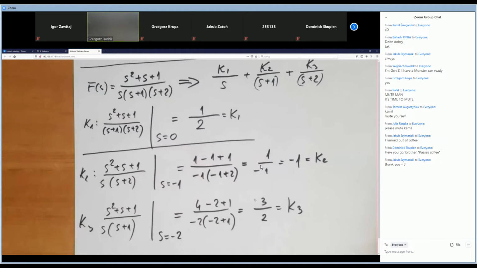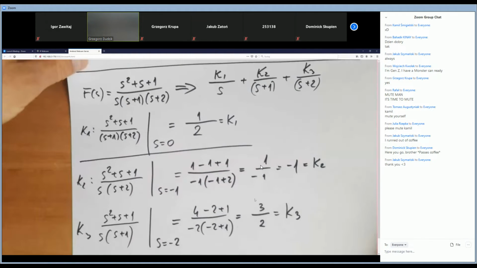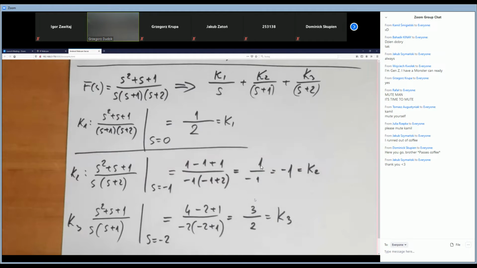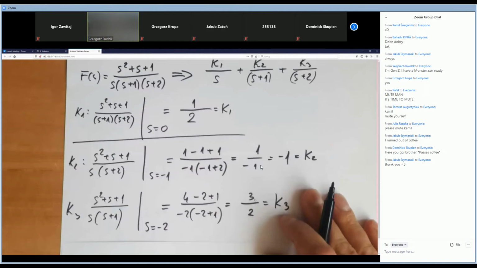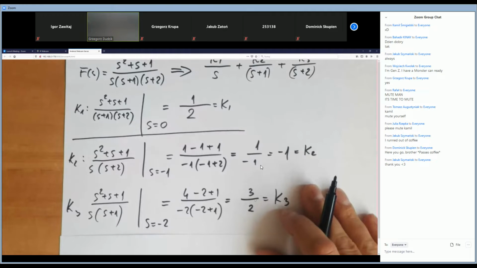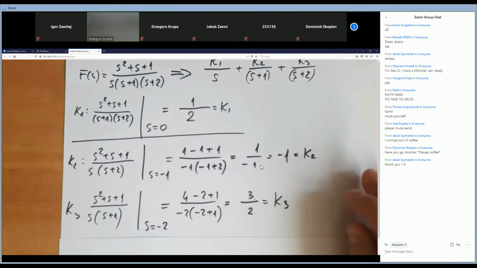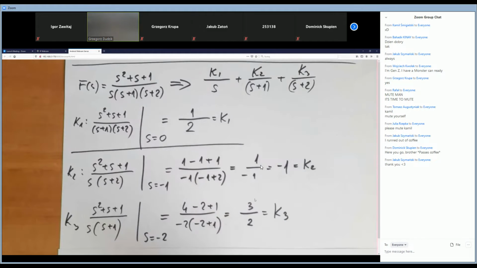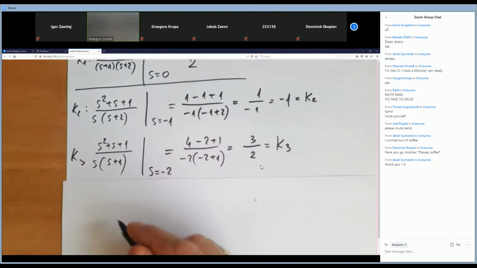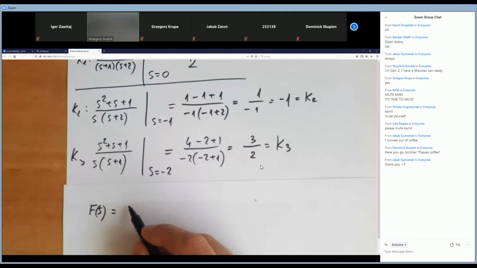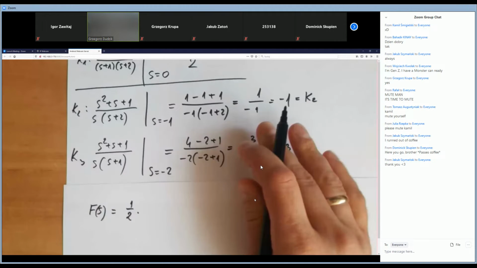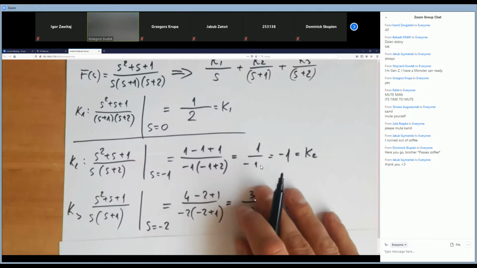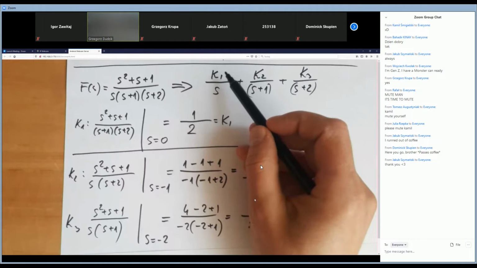Okay, so let's substitute the factors by K1, K2, and K3, and the Fs function will be equal: K1 was 1 over 2 times 1 over s.